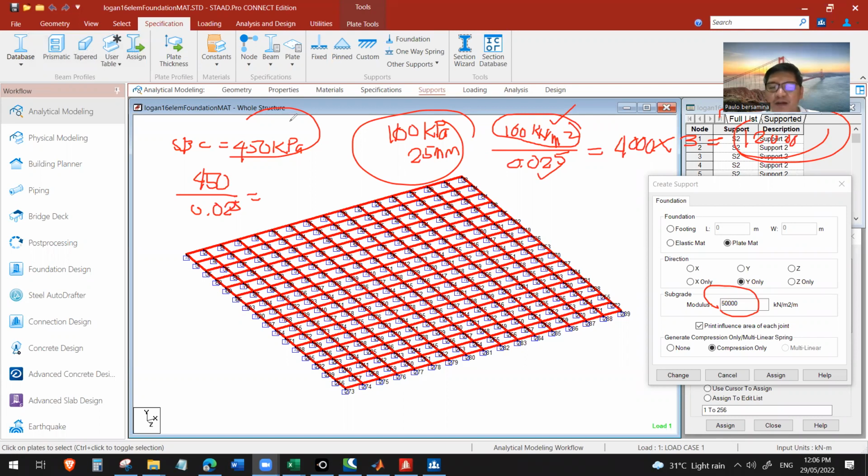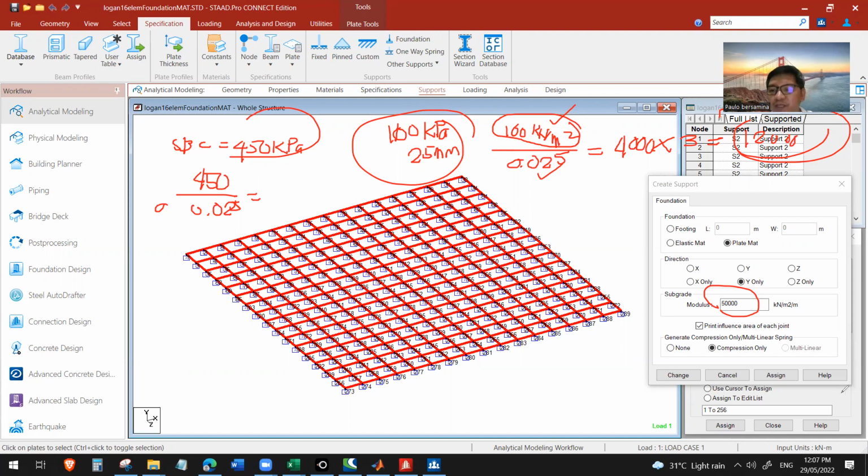Most likely less than that yung makukuha mong actual displacement, no? Say 10 mm, no? Kasi ikaw as a designer, when you perform FEM, hindi mo rin basta-basta i-allow yung 25 mm. So that's just an allowable. So gawin na natin mga 10 mm, no? Let's say 10 mm. If so, 450 divide 0.01, yeah, I'm already getting 45,000 kilonewton per cubic meter.